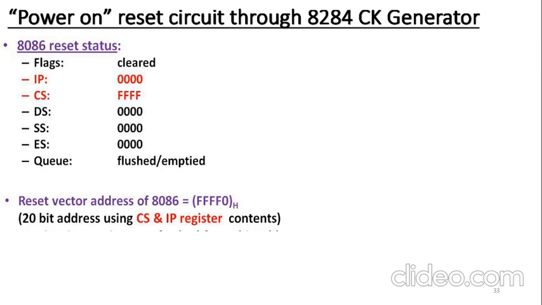And by using the method for calculation of 20 bits of physical address, the contents of code segment register 16-bit value FFFF will be shifted towards left by 4 bit, means one hexadecimal 0 appended on the extreme right, FFFF0, and then the contents of IP added to it. So this way that reset vector address is calculated as FFFF0 hexadecimal.